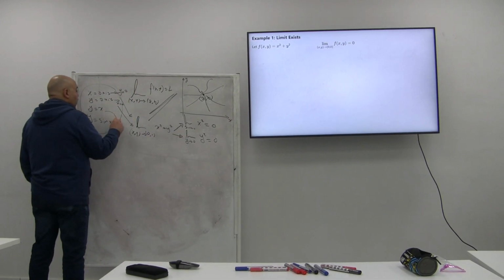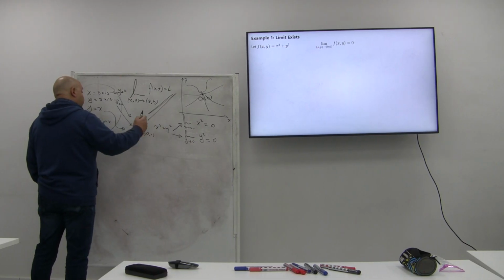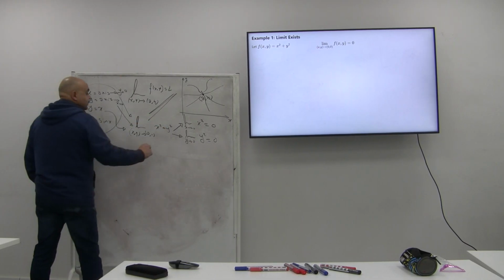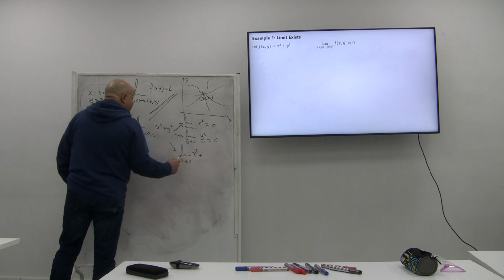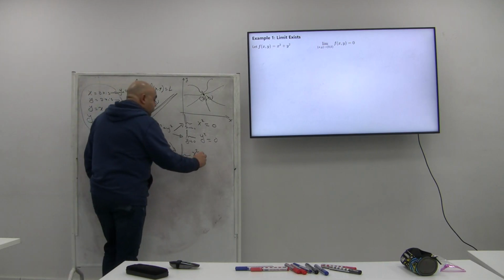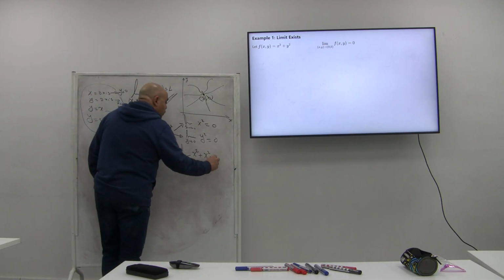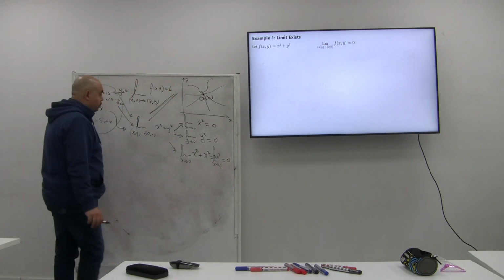If I use y equal to x, it means I will replace every y by x. The limit will be the limit as x tends to 0 of x squared plus another x squared, which is 2x squared, and taking the limit you end up having 0.